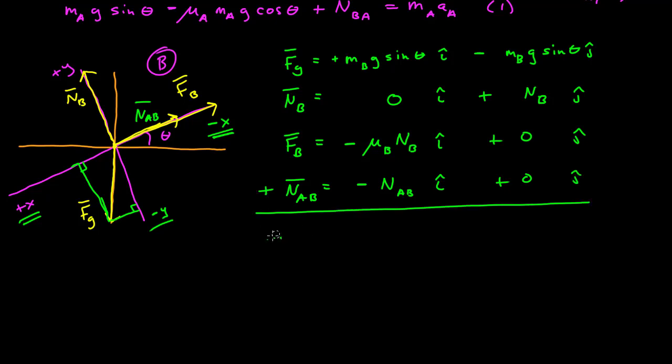The sum of all the forces on mass B is equal to the mass of B times the acceleration of B. Again, only one object. So now I've set it up so the entire acceleration is along the positive x-axis plus 0 j hat.